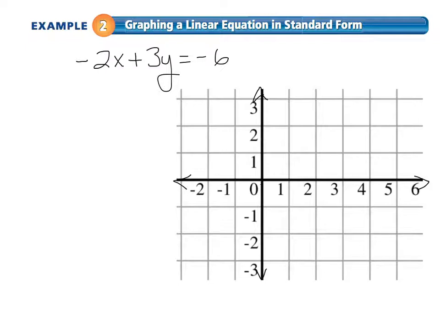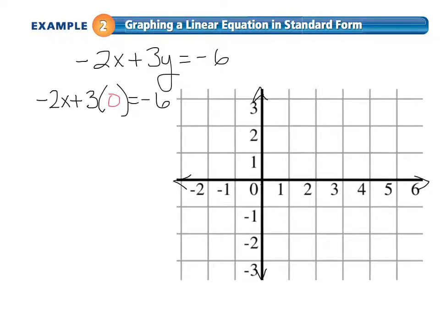So here's how you solve using intercepts. To find the x-intercept, we substitute 0 for y. So it looks like this. Negative 2x plus 3 times 0 equals negative 6.